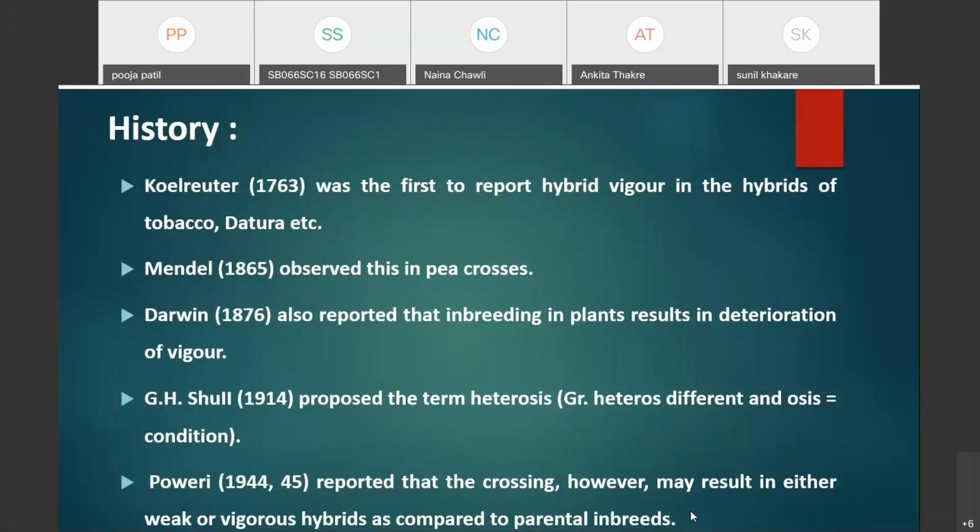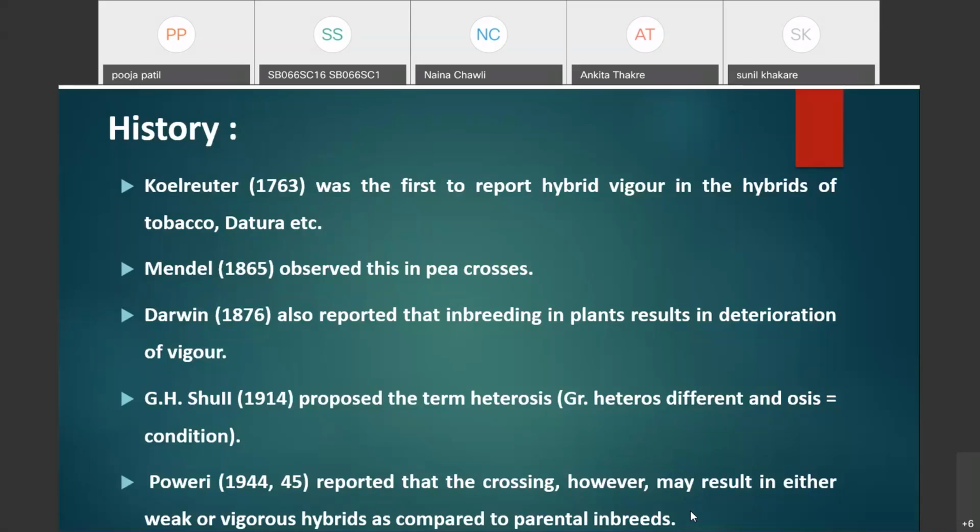Powers was the first plant breeder who proposed that when the hybrid produced is weak or vigorous, it is said to be heterosis, and when the hybrid produced is more vigorous than its parental inbreds, that phenomenon is called hybrid vigor.